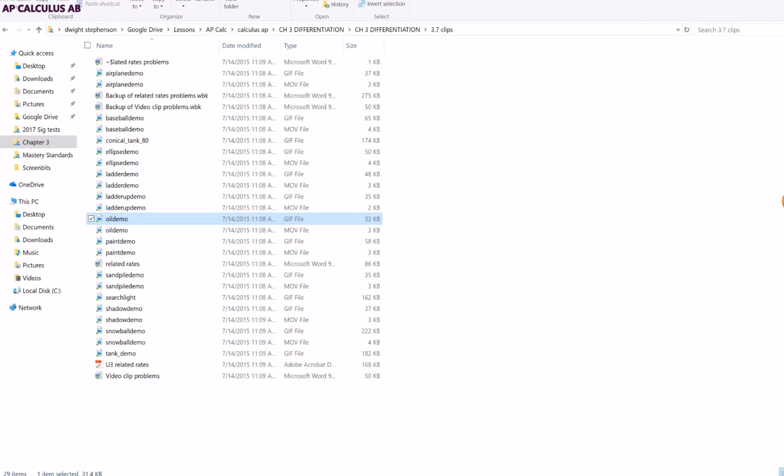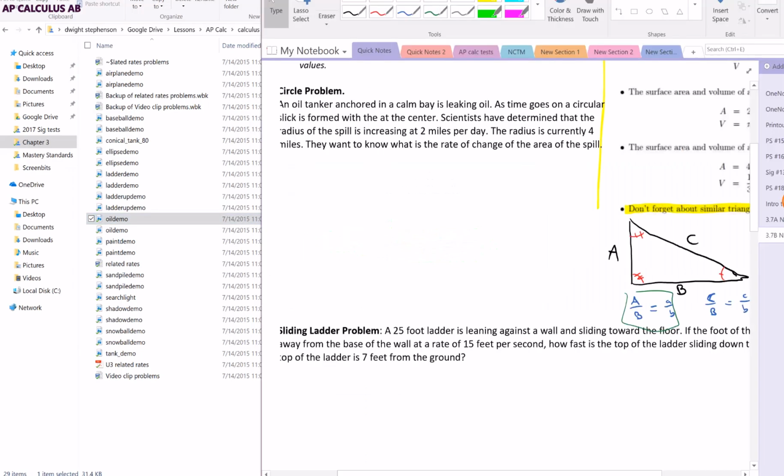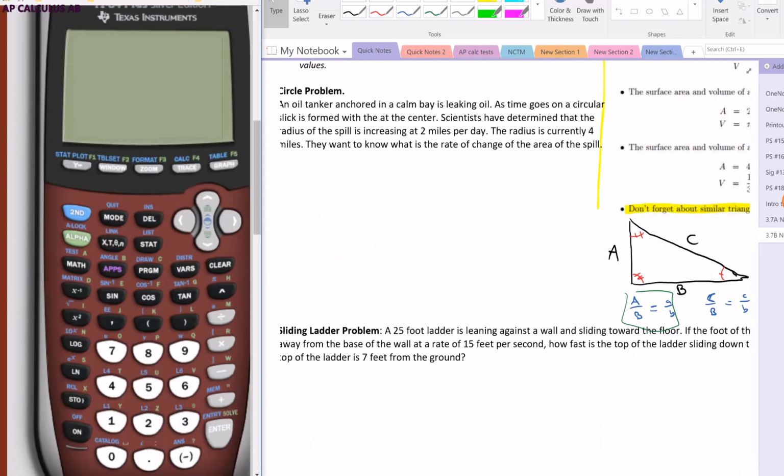So as time goes by, the radius is getting bigger, right? The oil is spreading, and the area of the circle is increasing. That circle is getting bigger as time goes by. Okay, so let's go through our process.